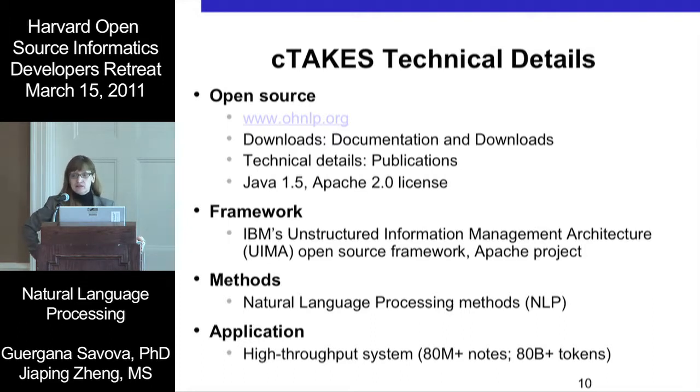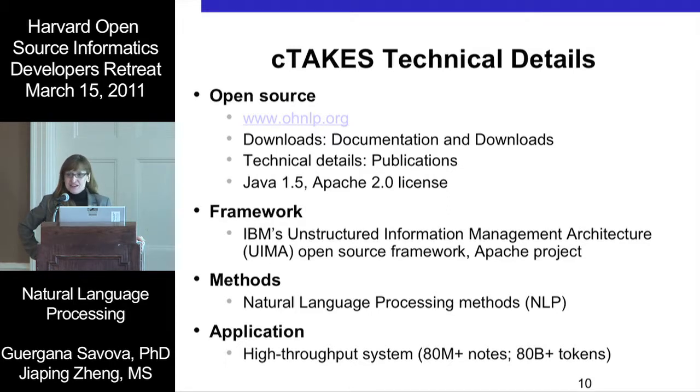The framework, the engineering framework, is IBM's Unstructured Information Management Architecture, the so-called UIMA, and it's an Apache project, and UIMA, as I said, was brilliantly showcased in the Jeopardy challenge. So we know that it's scalable, we know that it works.